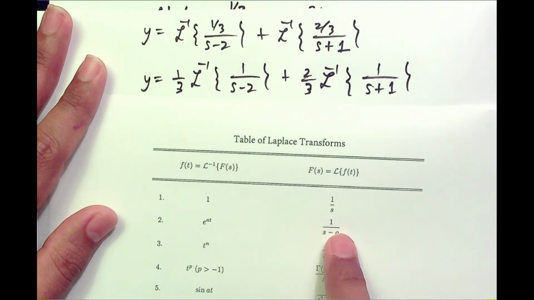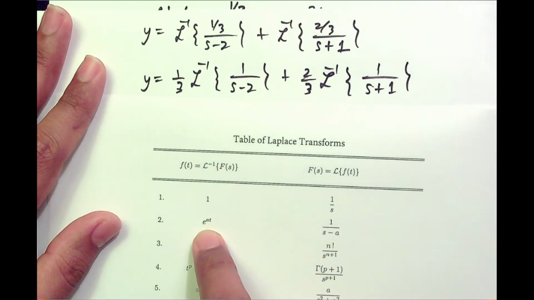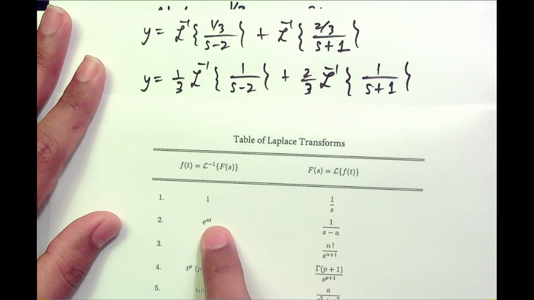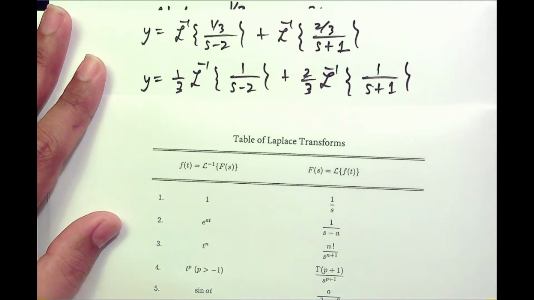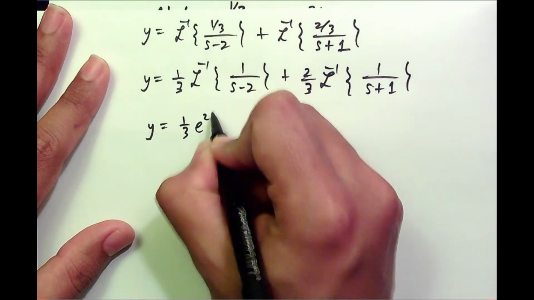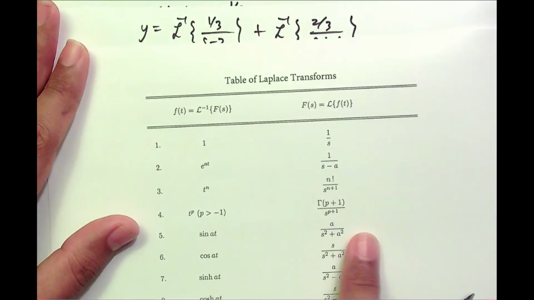So if this is the Laplace transform, the inverse, going backwards, is e to the at. In our case, a equals 2, so when we invert it, it is e to the 2t.